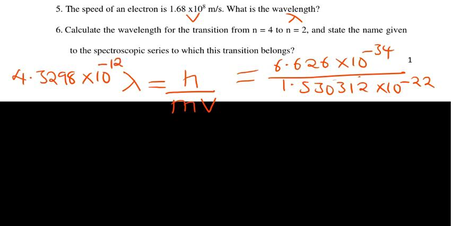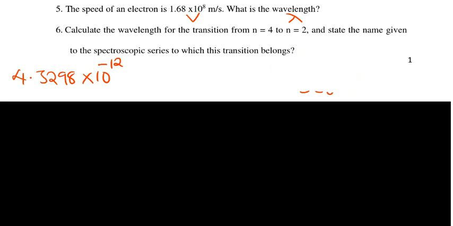Since all our units were in standard form, we can take our wavelength to be in meters, since we used kilograms. If you want to take it to nanometers, you can multiply by 10 to the power 9.